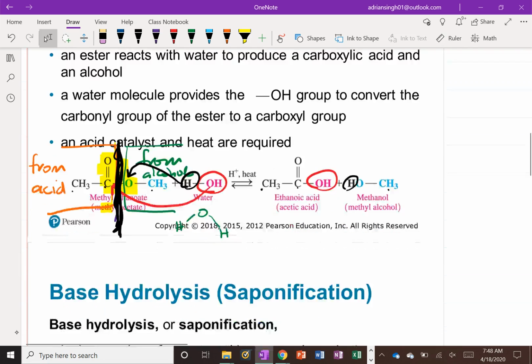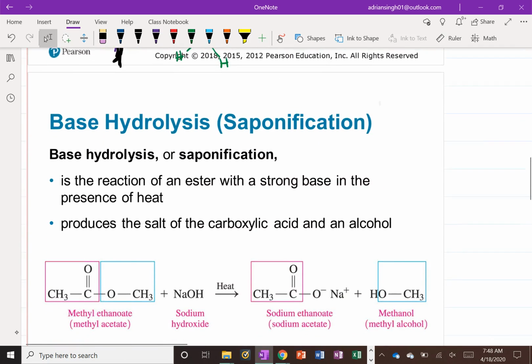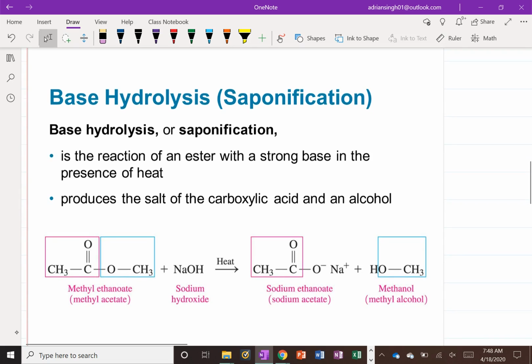Under basic conditions, so basic hydrolysis, there's another term that we use in organic chemistry to represent those conditions. We say that we're subjecting the ester to saponification. Saponification is just a fancy word that means soap making, because the basic hydrolysis of certain esters actually results in the formation of soaps, and we're going to see this in the next chapter.